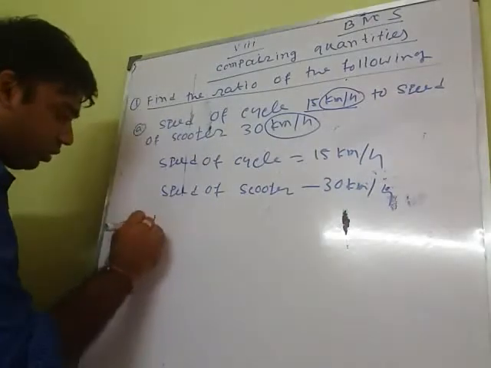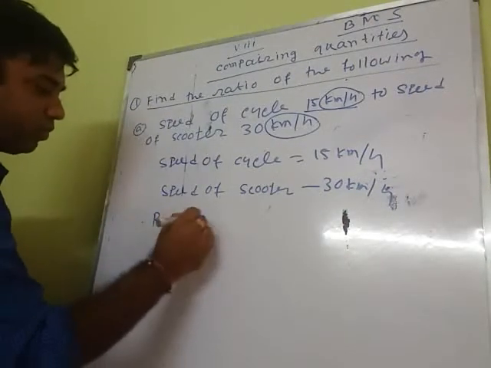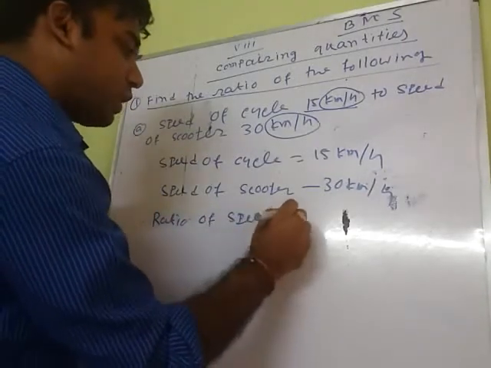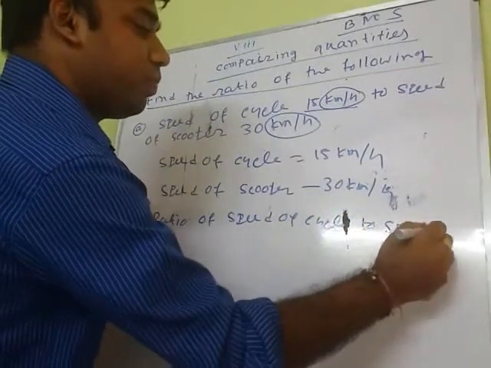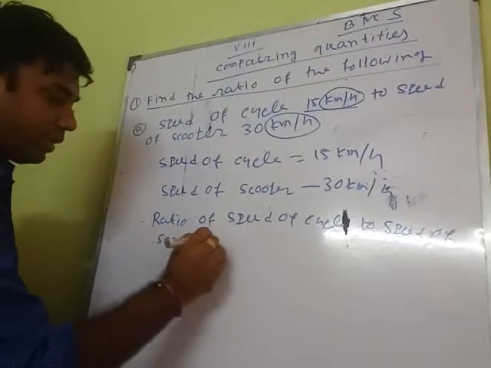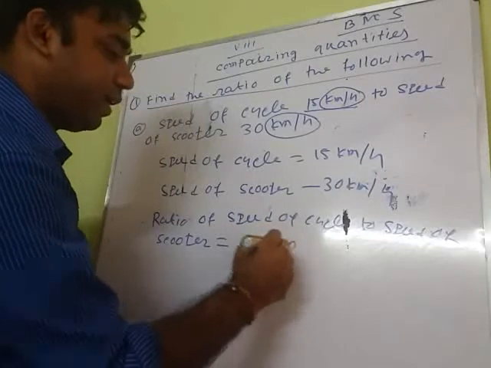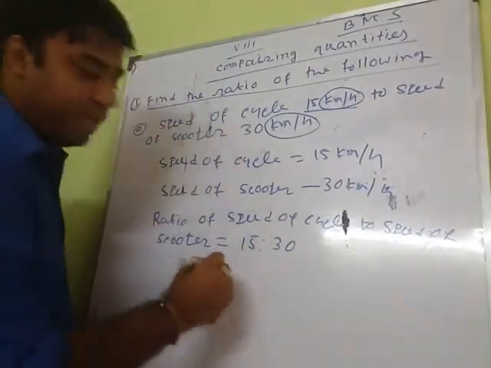Therefore the ratio of the speed of cycle to the speed of scooter is 15:30, and a ratio can be expressed in fraction form.